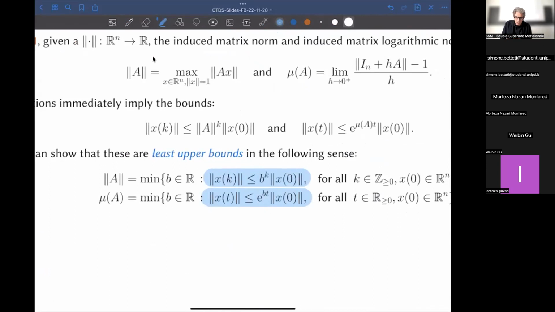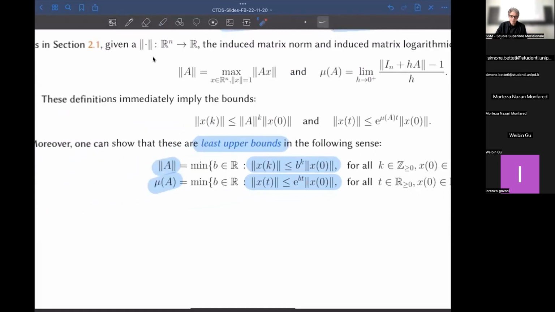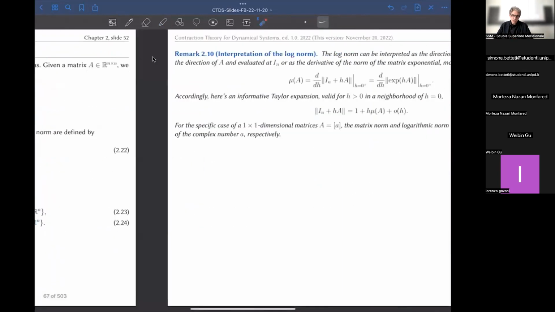And then I look for the least upper bounds. The least upper bound means the tightest possible upper bound that you can give. It turns out that induced norms and induced log norms are the least upper bounds. They're the tightest bounds that you can get in this sense. So here, b is what ends up being the tightest upper bound, and in continuous time, it's e to the bt. Does that make sense? So this is another little property of these induced norms.